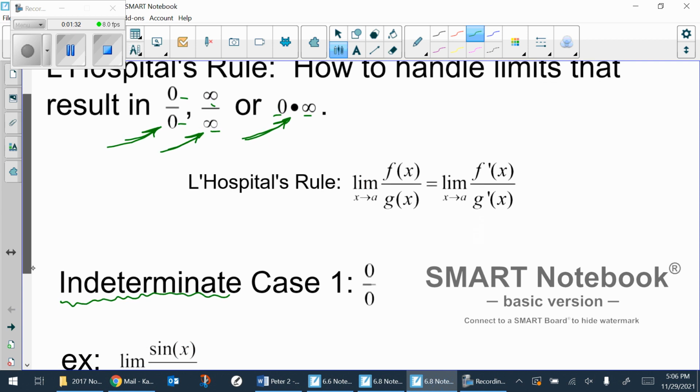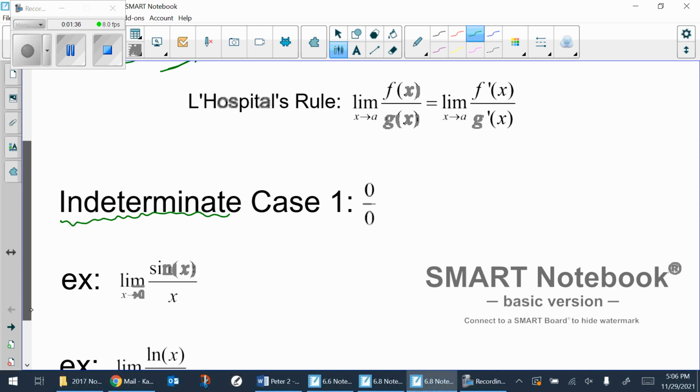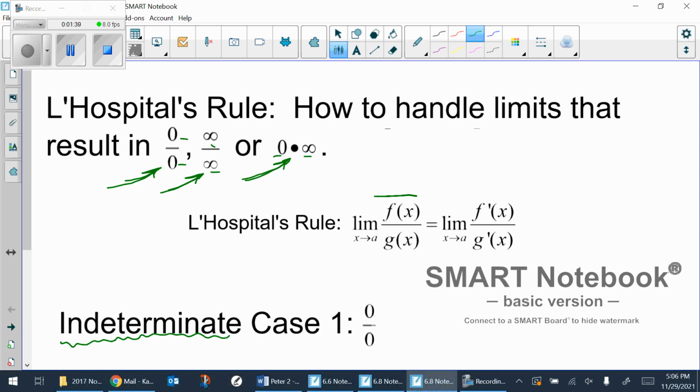All right, what did L'Hopital, this French mathematician, have to say? L'Hopital says if we're looking for this particular limit right here, and it results in one of these three indeterminate forms, then you can take the limit, still as x is approaching a, of the derivative of the numerator divided by the derivative of the denominator.